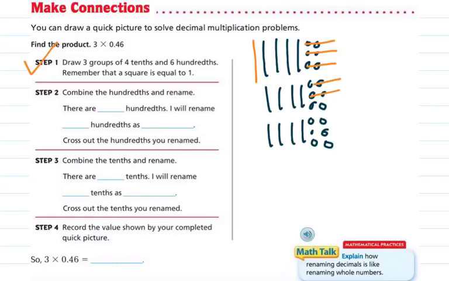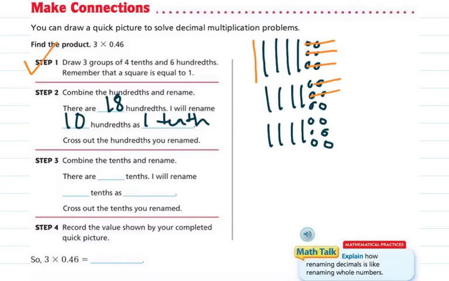Let's recap what we just did. In step 2, it says combine the hundredths and rename. So we saw that there were 18 hundredths. We will rename 10 hundredths as 1 tenth, which is in orange. And we crossed out in orange the hundredths that we regrouped, or you can say renamed.